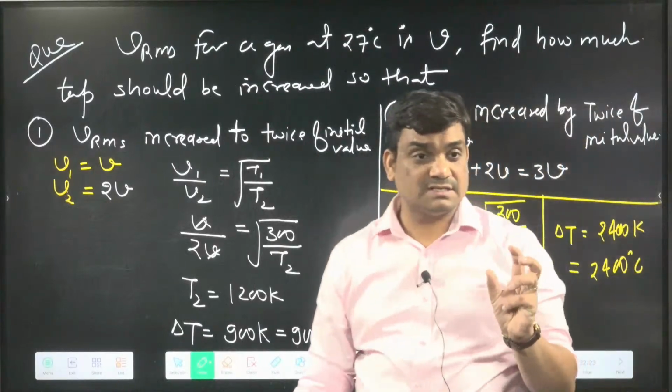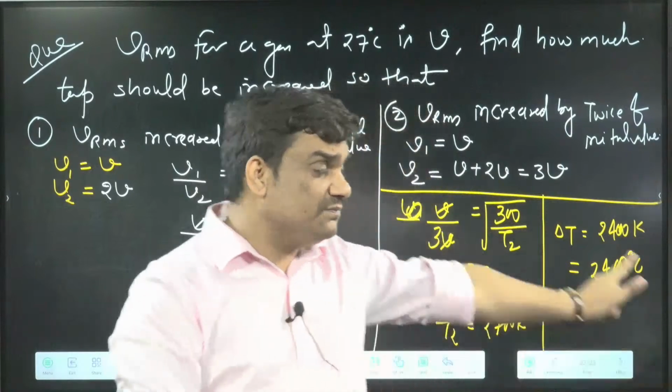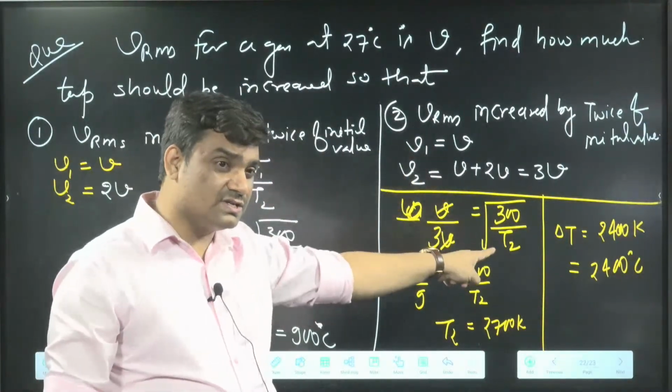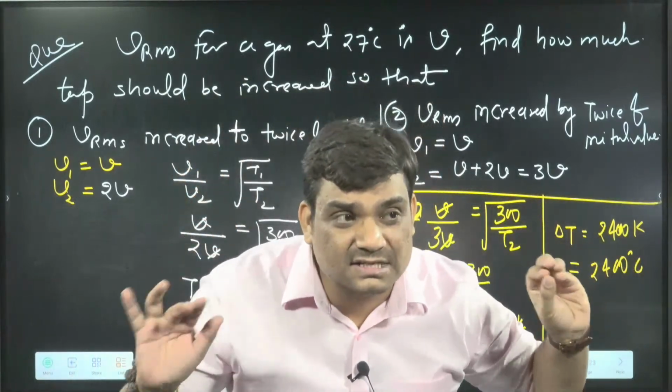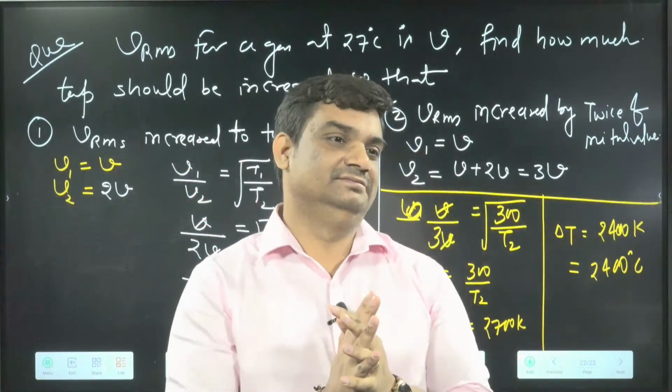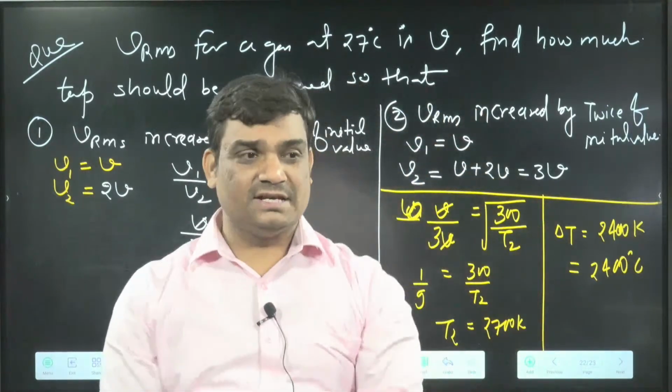Change is always the same in degree Celsius and Kelvin. Clear? Can I write 2400 Kelvin as 2400 degree Celsius also? Yes, because temperature change is always the same.